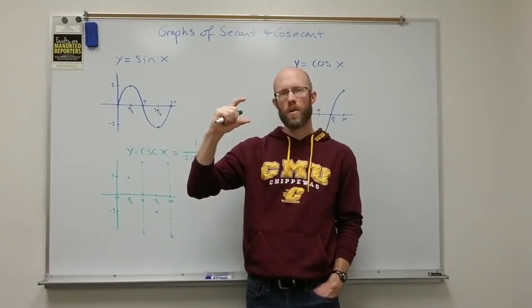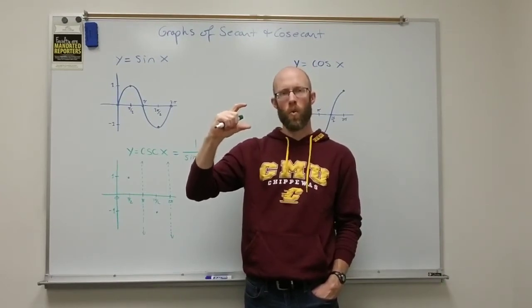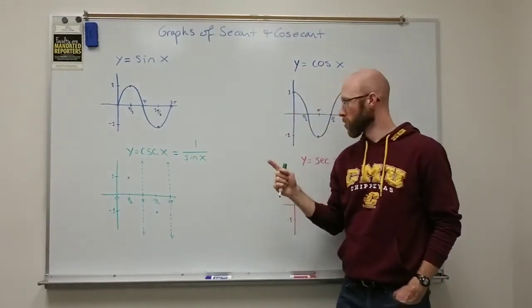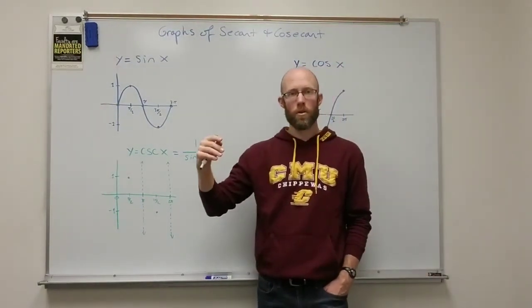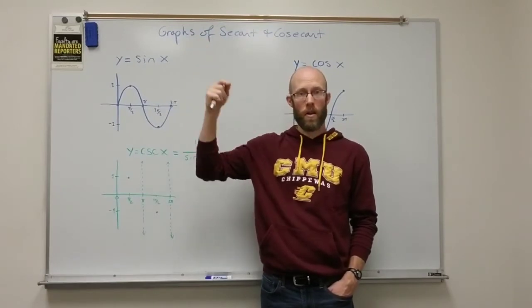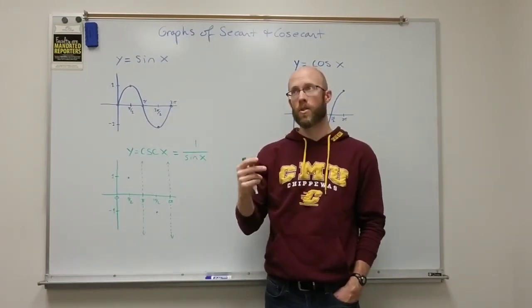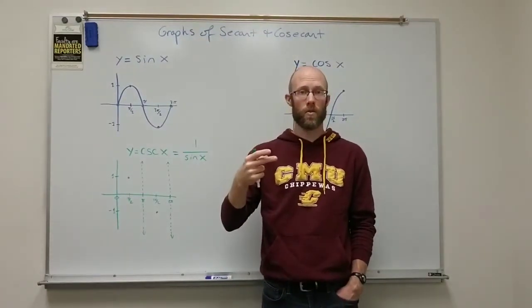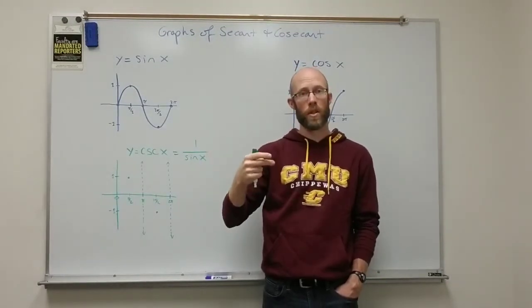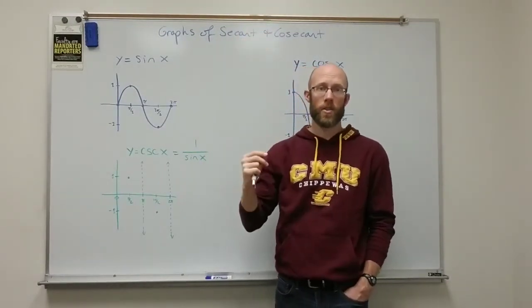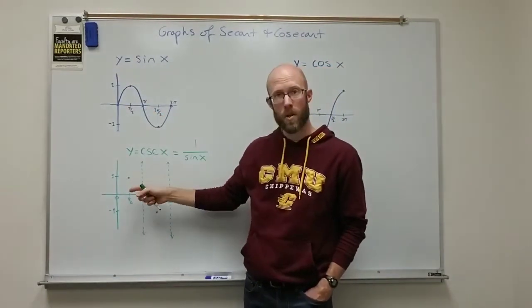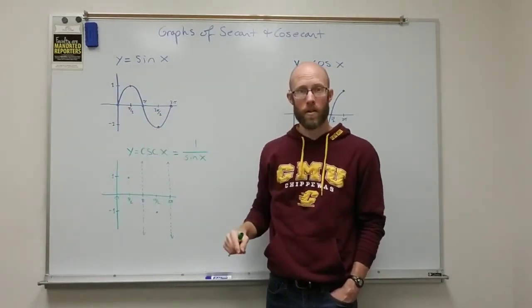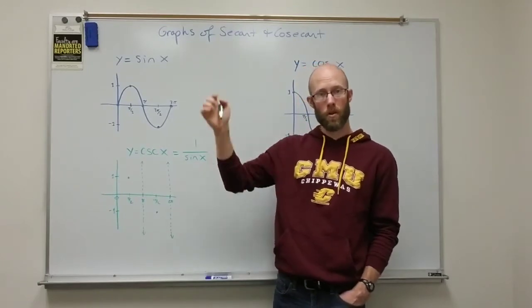When you take the reciprocal of a number between 0 and 1, or in other words, divide by a number between 0 and 1, you get a number greater than 1. If I took the reciprocal of a half, for instance, it would be 2. The reciprocal of 1/10 is 10. You take a small number and take its reciprocal and you get a bigger number. A number smaller than 1 becomes a number bigger than 1.